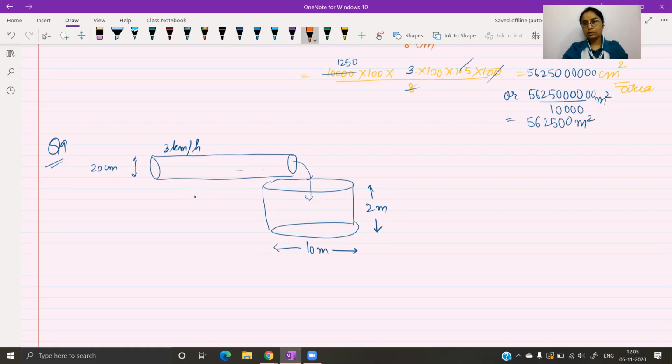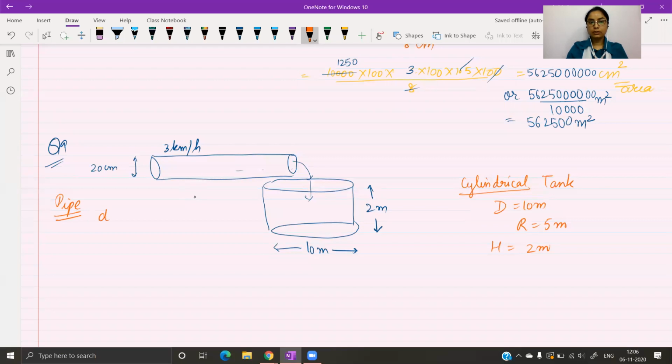So let's use the representations for the tank in capitals. The diameter is 10 meters. From here, the radius will be 5 meters. And then the height is 2 meters. And then for the pipe, the diameter is 20 centimeters. The radius will be 10 centimeters. And then the length of the pipe, with the help of which we can find out the volume of water, can be taken as the distance from the speed itself. So height will be 3 kilometers.